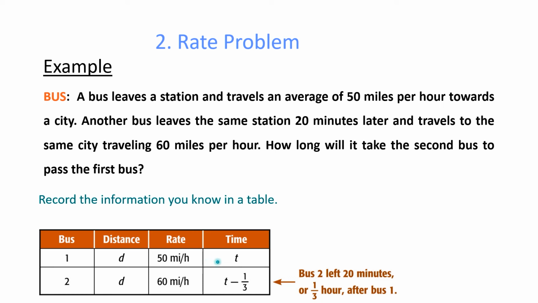Let T represent the time. You can see that there is a time gap of 20 minutes between the buses. Therefore, the time can be represented by t and t minus 1/3. Now our table is ready. The next step is to frame the equation using this data.